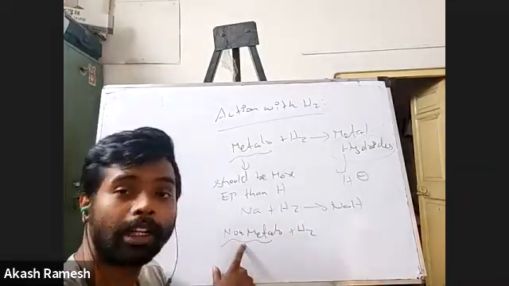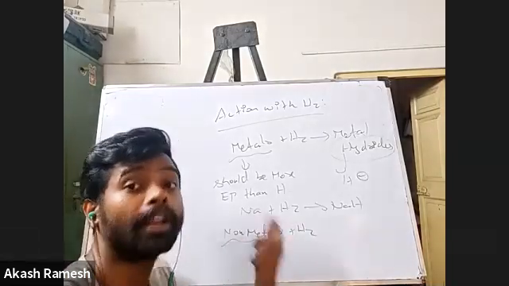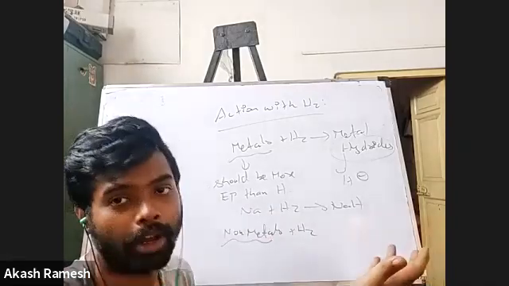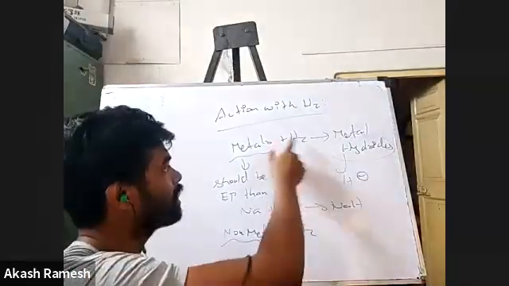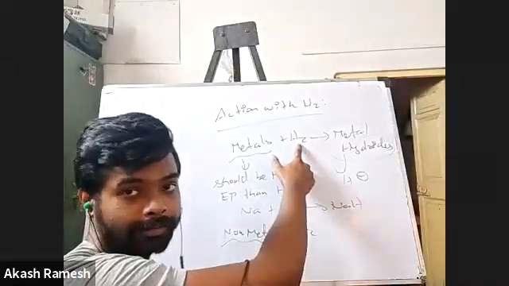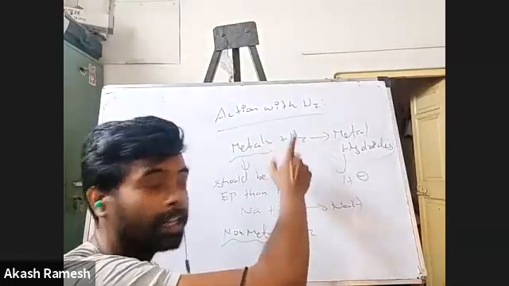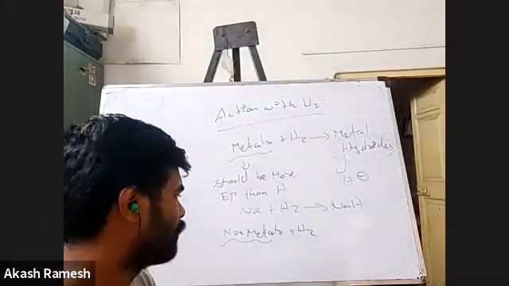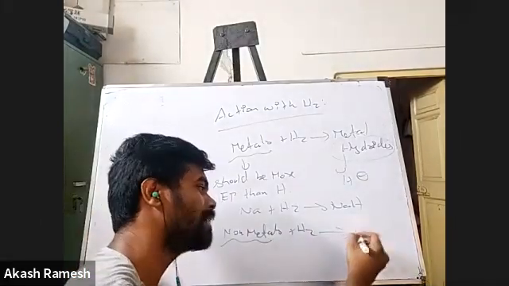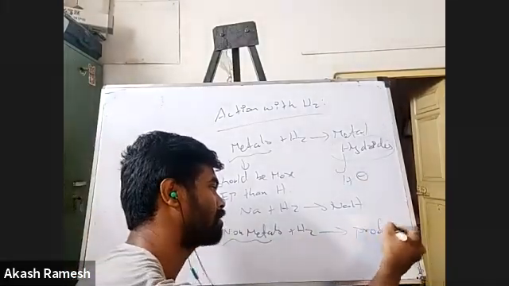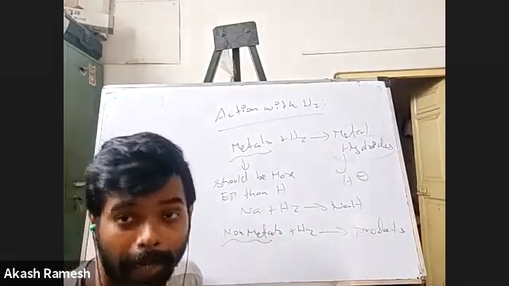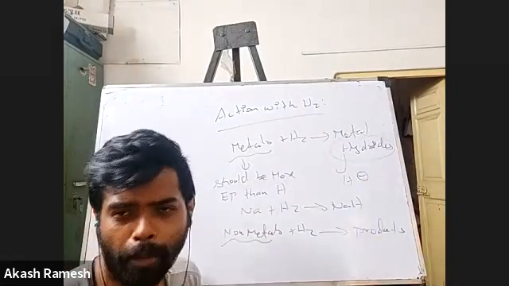Because non-metals are more electronegative, meaning they have more capability to form the negative ion than hydrogen. But in the metal case, hydrogen is more electronegative than the metal, so it forms the anion. So I cannot call the products by one specific name, but depending on the compound, I can give some names.